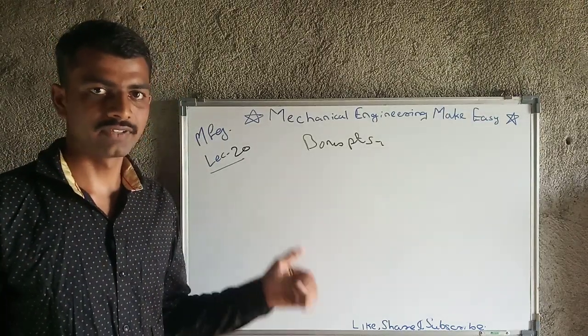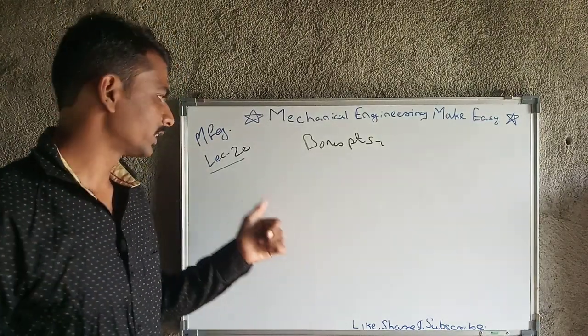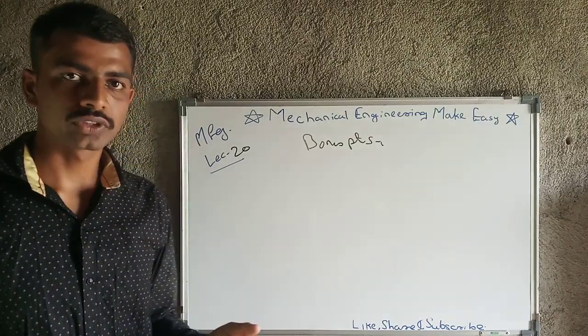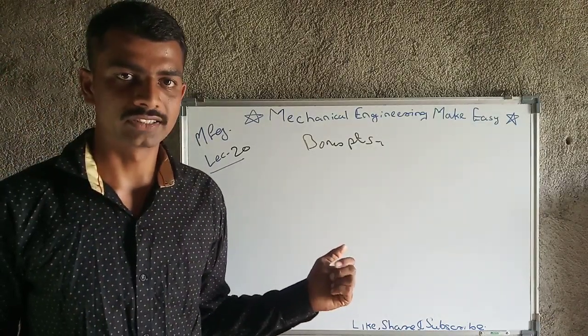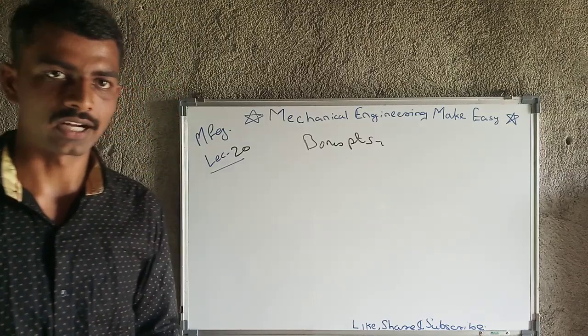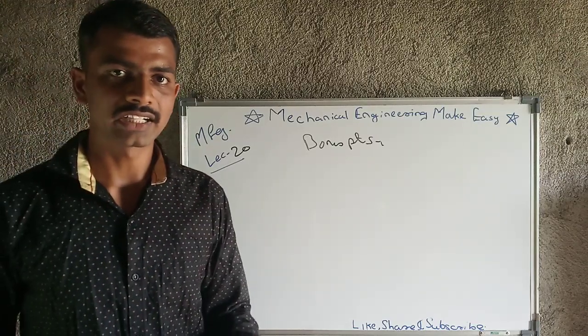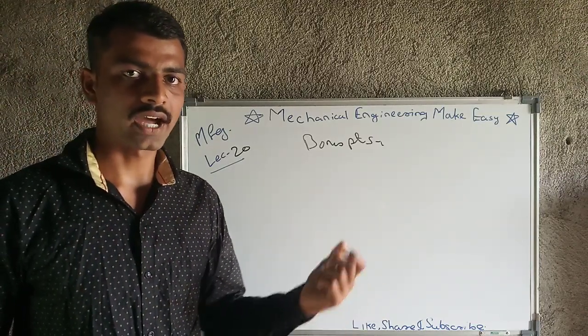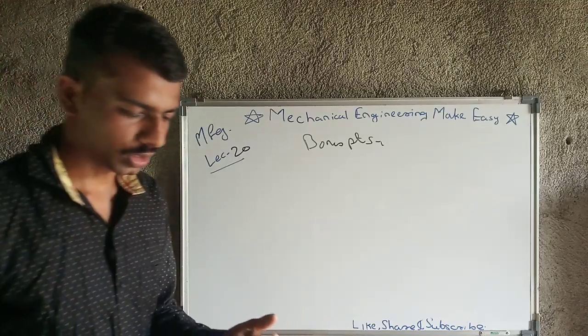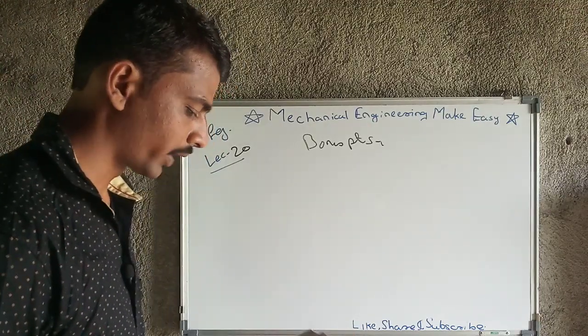In the previous lecture, I think lecture number 18, we studied sheet metal operations like blanking, punching and so on. There is one term, clearance, that we have to provide on the die or punch. So what amount of clearance do we have to provide?